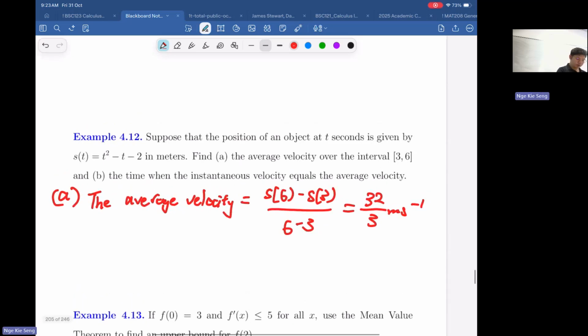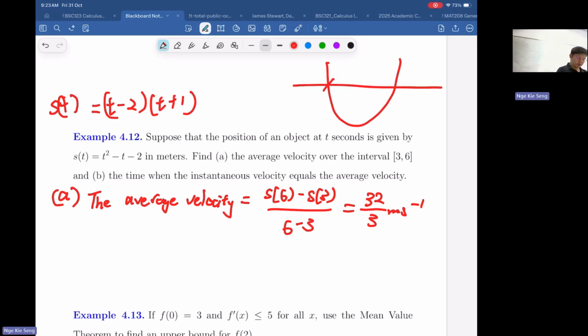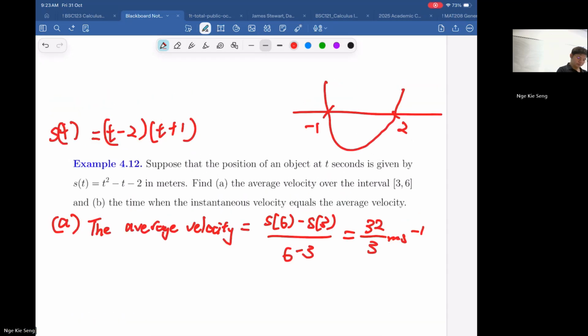So maybe we could draw this graph. This graph I think is not too hard to draw. Maybe it's t minus 2 and then t plus 1, so here is minus 1, here is 2. But we care about the interval from 3 to 6, so it's way back. 3 here, 6 maybe here.